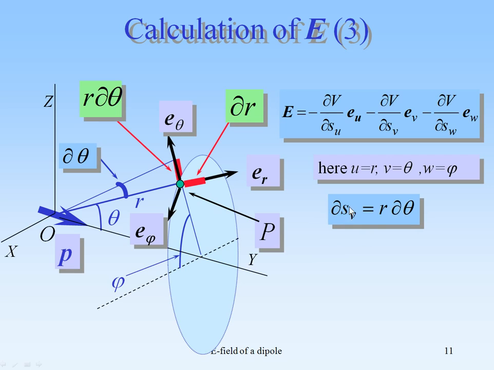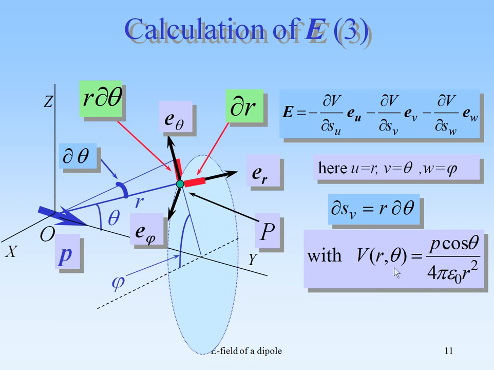Now the differentiation with respect to theta. The line element along the theta direction, ds, is r d theta. And r d theta is this line element here. In the theta direction it is r d theta.